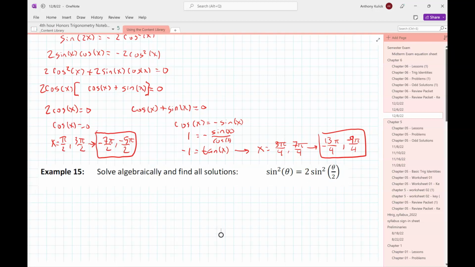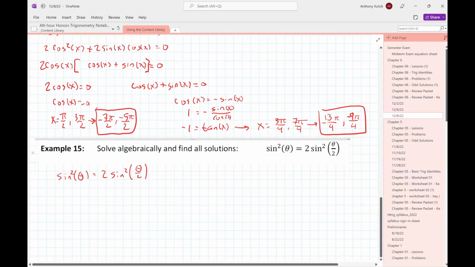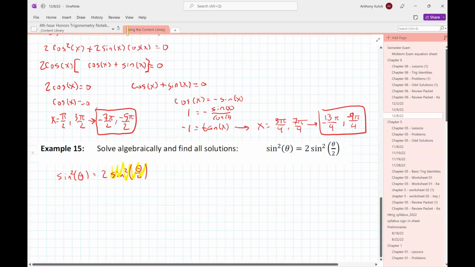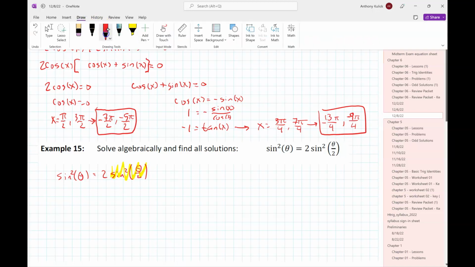So here I have sine squared theta is equal to 2 sine squared theta over 2. So what I'm going to do is, again, I want to work on this piece first because I want to get rid of that theta over 2 piece.